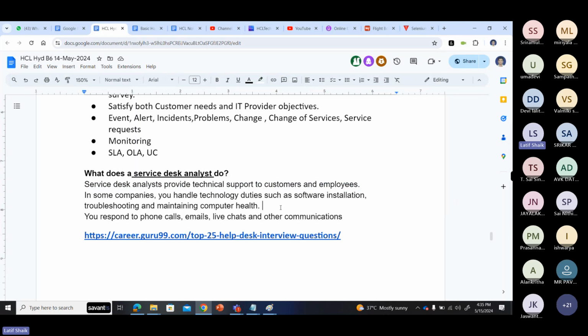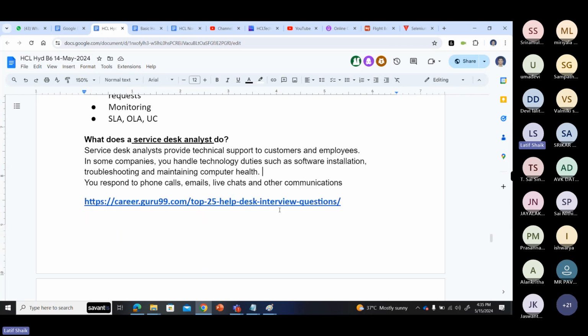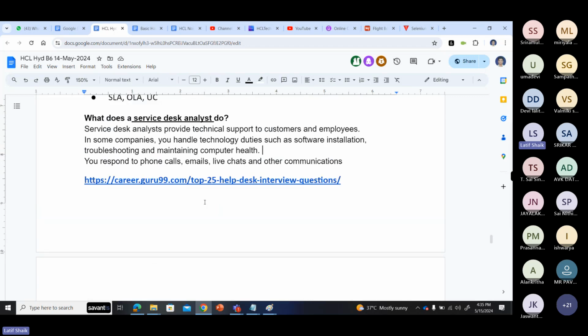It can be hardware related, operating system, network, server, authentication server, or deployment related, infrastructure related, or cloud related. It depends upon what profile you choose.